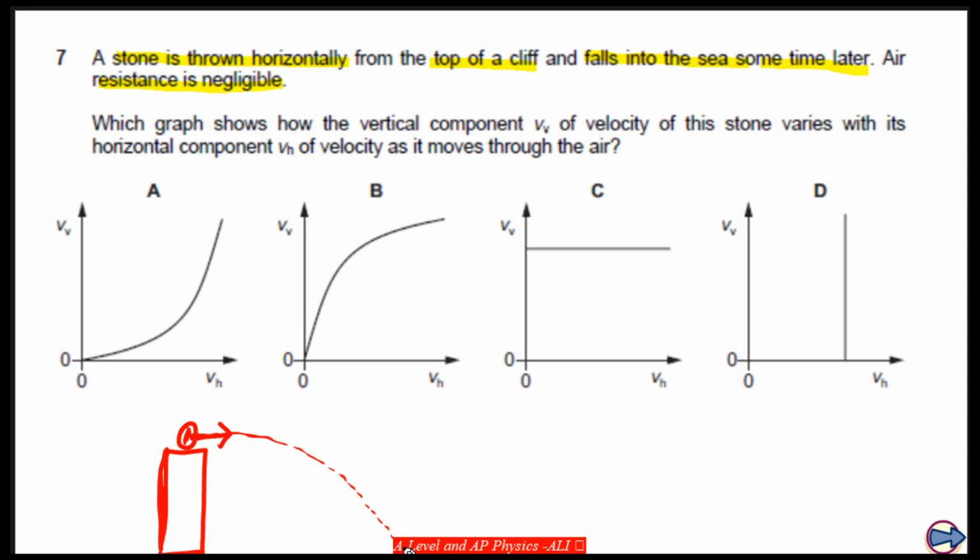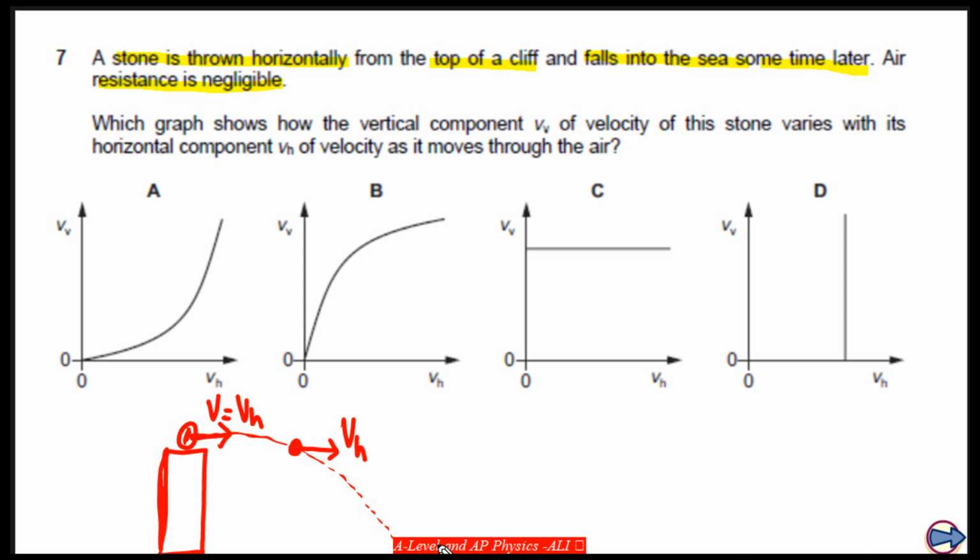Now if we consider any point, let's say its initial velocity is equal to vh, because its initial vertical velocity is 0. So at any point it will be vh, it will not change.